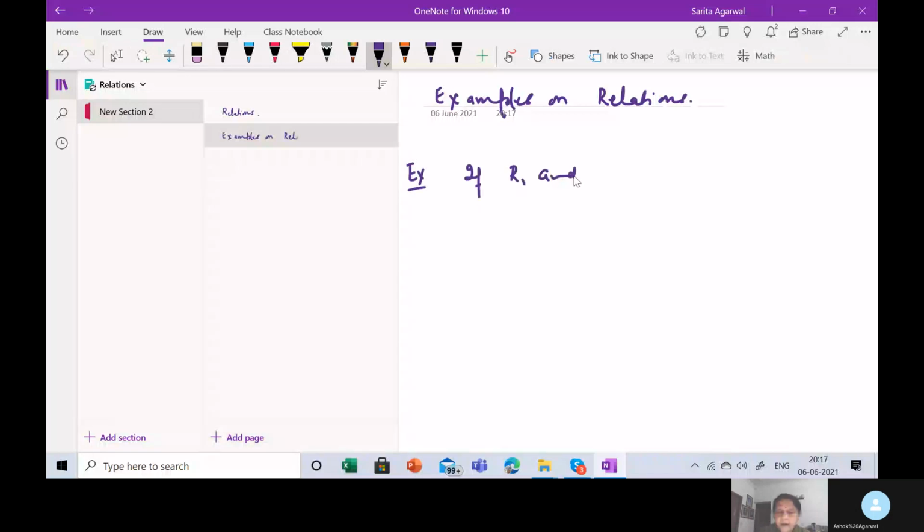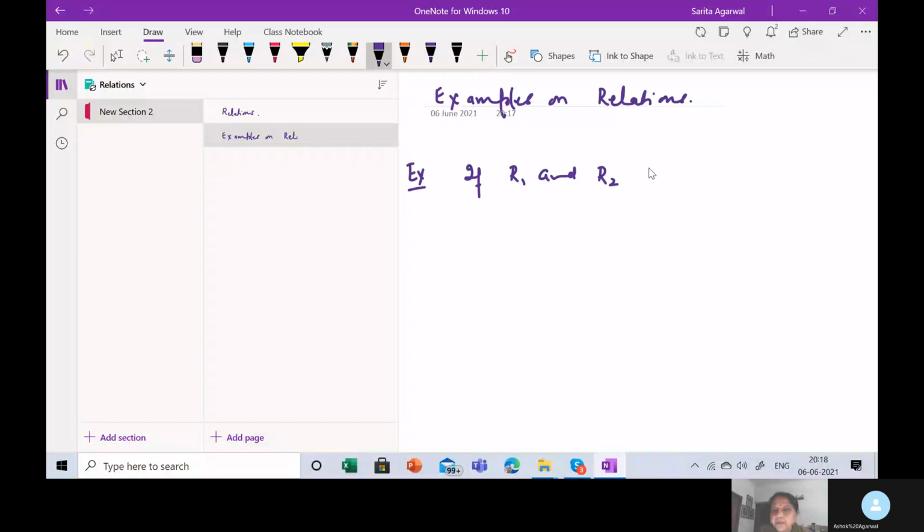If R1 and R2 are relations in a set A, then R1 intersection R2 is an equivalence relation.